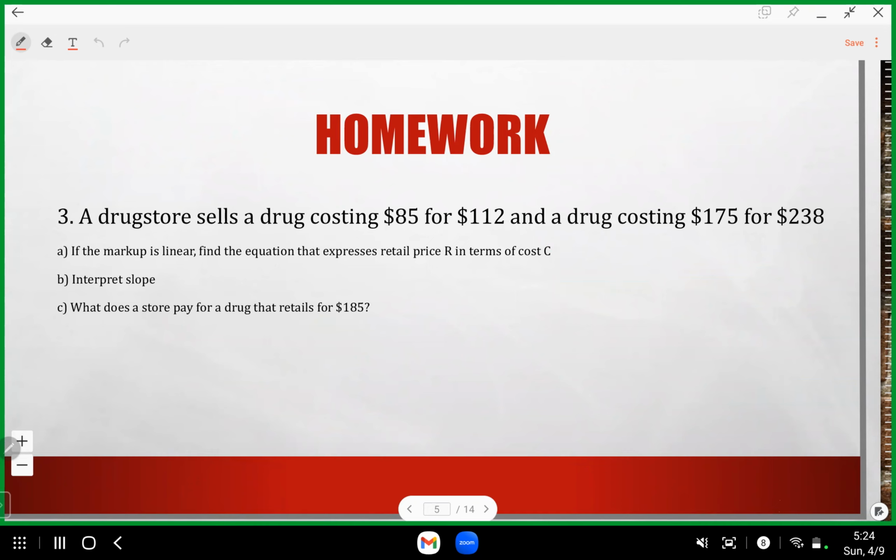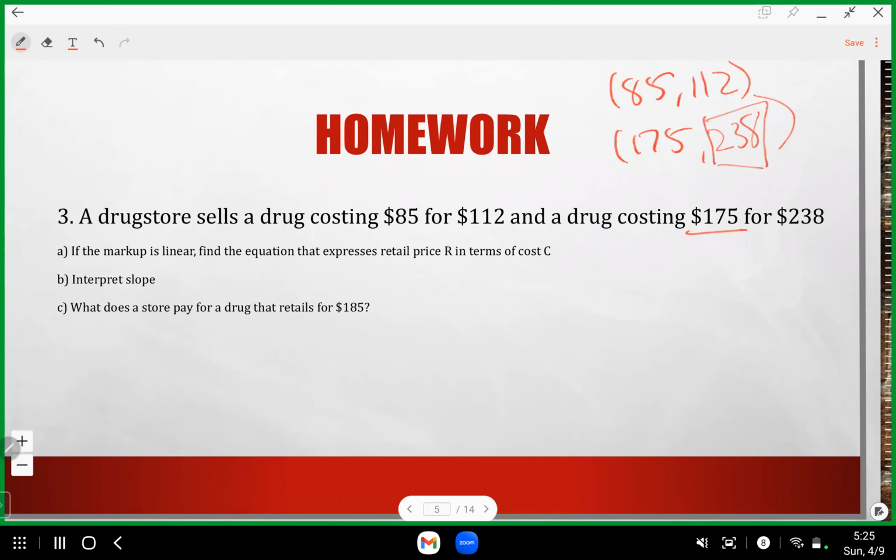So this markup policy can be denoted as linear. So we can find an equation for this. You're given 85 and 112, and 175 for 238. When you decide the points, you need to know that 175 is the original price. It's the wholesale price that they buy from the brands and then resell them.